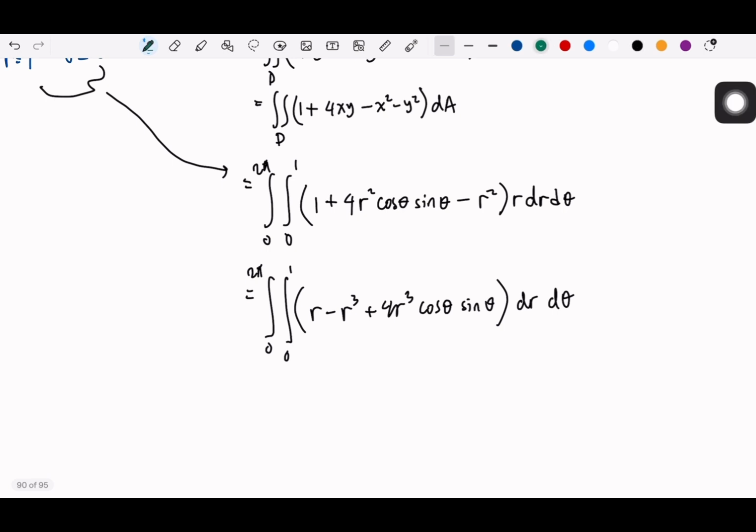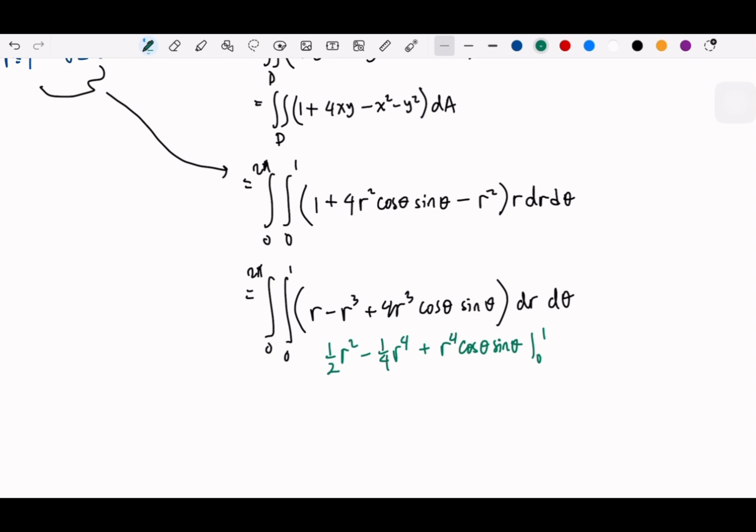We can evaluate first, and then plug in 0 and 1.